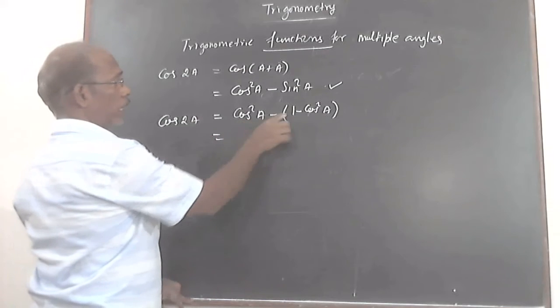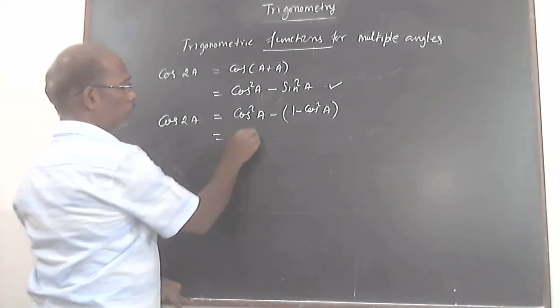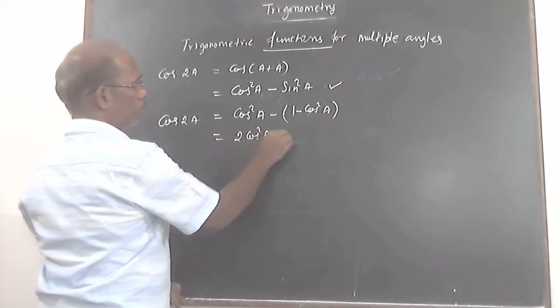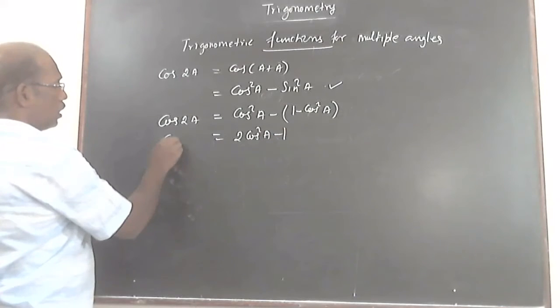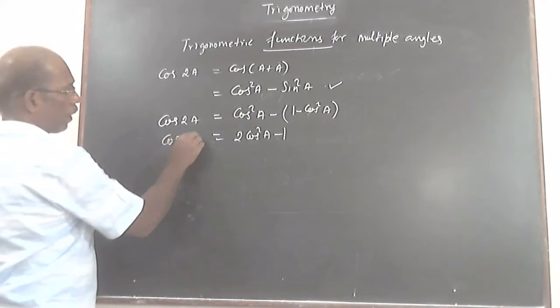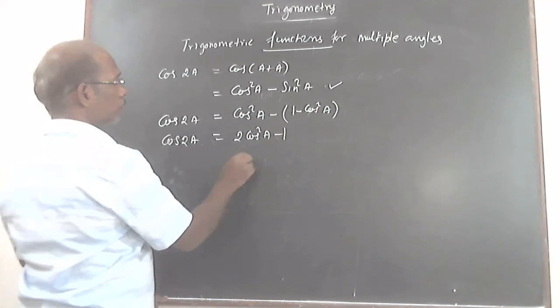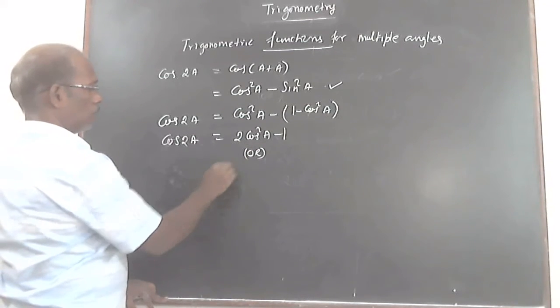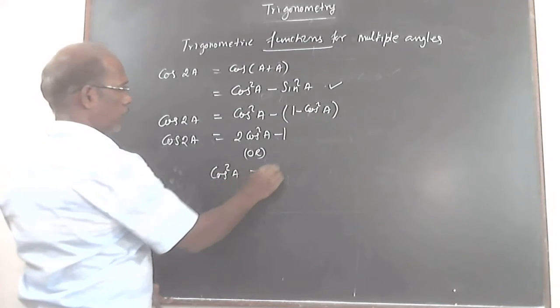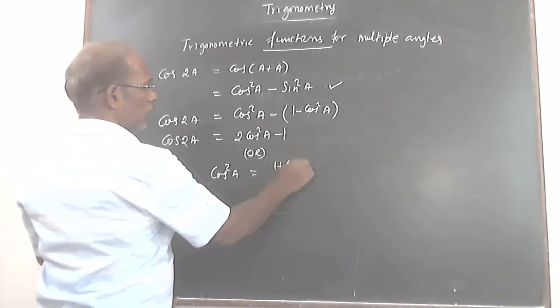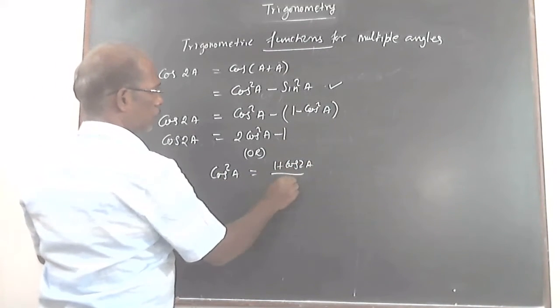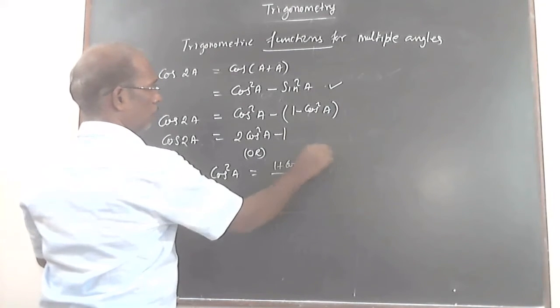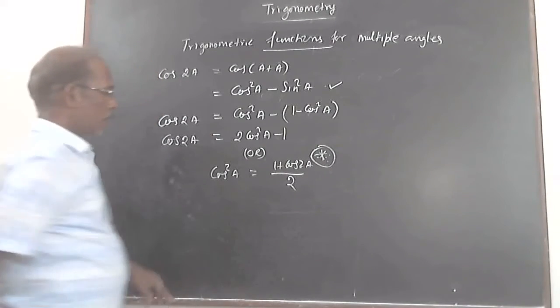Then cos square a plus another cos square a, 2 cos square a minus 1, is cos 2a. From this, cos square a can be written as (1 plus cos 2a) by 2. This is a most important formula in trigonometry.